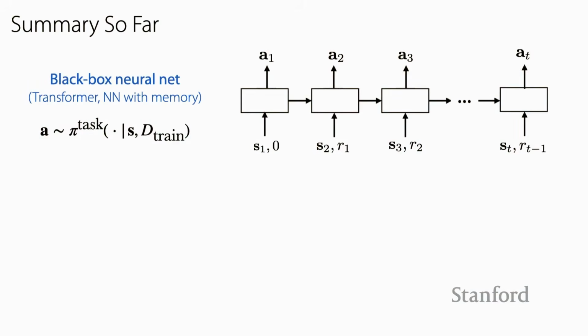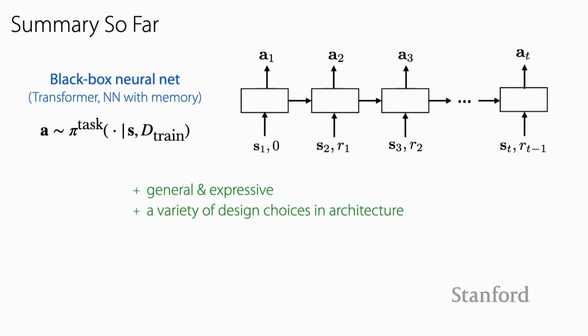Cool. So summary so far, we've talked about using these models to be able to adapt to new MDPs. They're general, they're quite expressive, and there's also a variety of choices in the architecture.